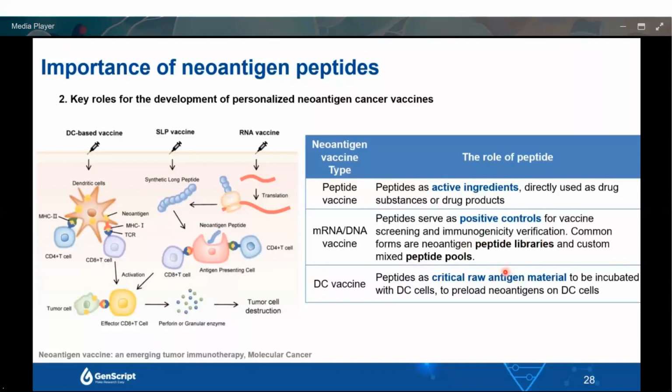And for DC vaccines, the peptides are the crucial raw antigen material, which will be incubated with the dendritic cells. We need to preload the neoantigens on DC cells, so they can pass the signal to T cells for stimulation and later tumor cell destruction.